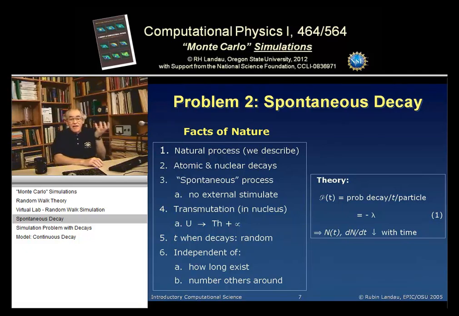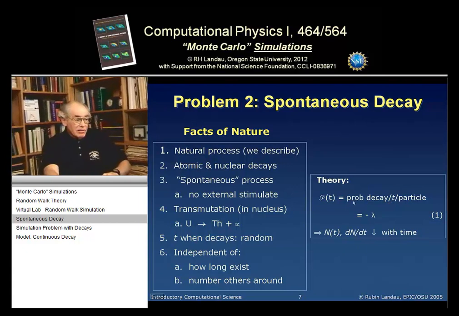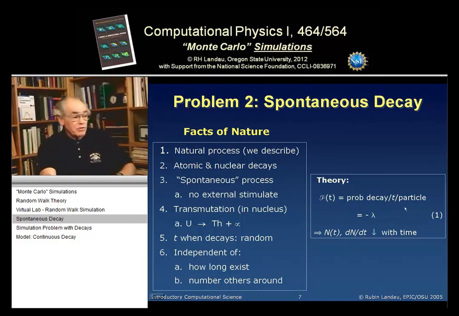And it says if we have a radioactive bunch of atoms here in one place, the probability of any one of those atoms decaying per unit time, that's what we're dividing by T, is the probability of decaying per unit time per particle. So for each individual particle, the probability of it decaying in any one time interval is a constant. That's the law of nature.